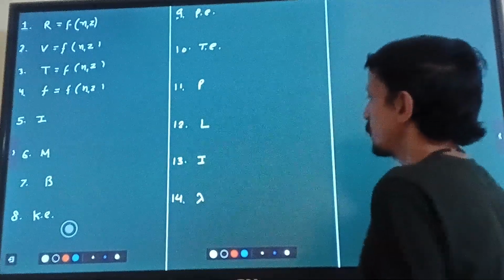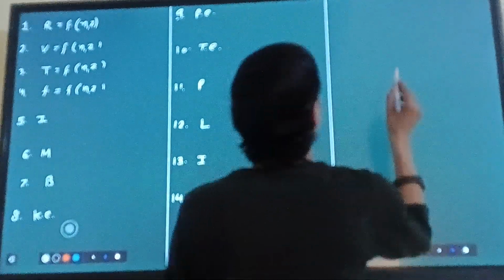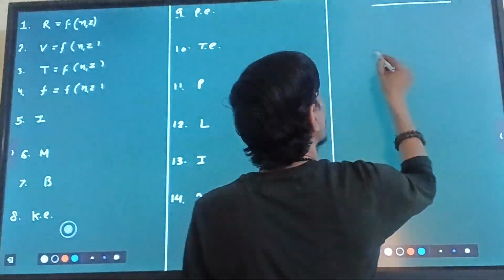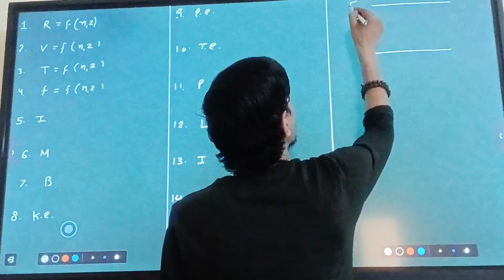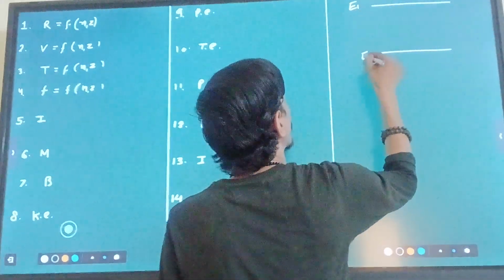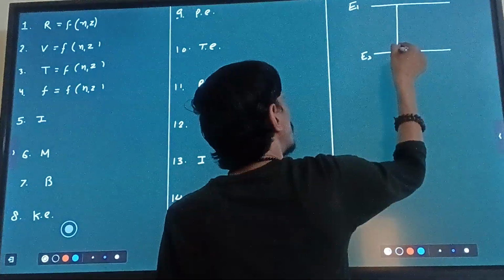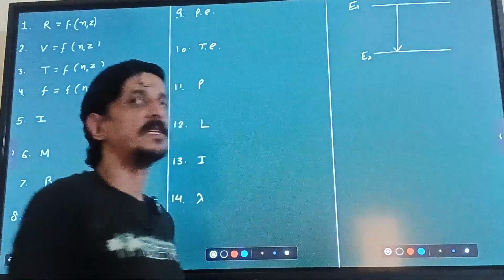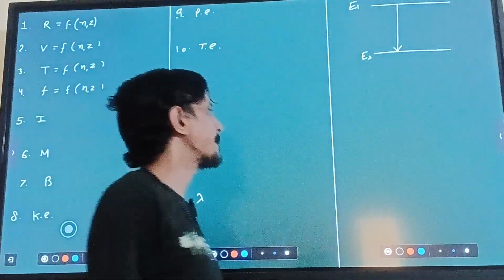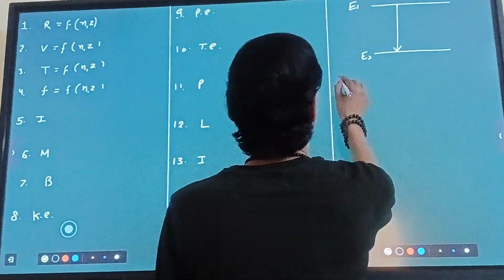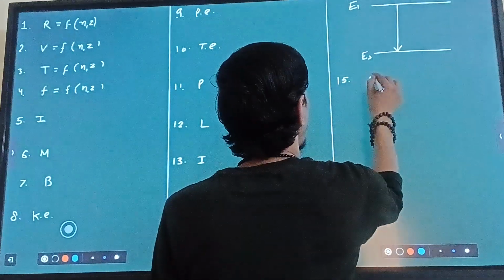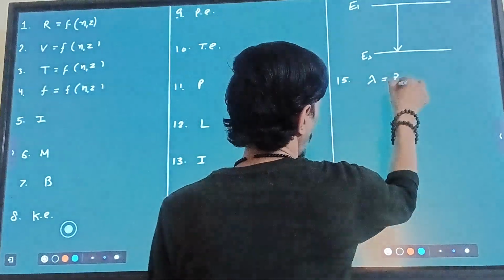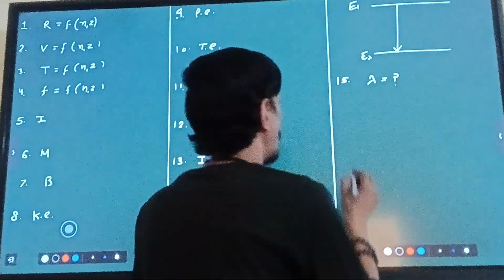So these are certain questions, and after that there is a question on electronic transition. Suppose the electron makes a transition from energy E1 to E2. Then the first question is how to find lambda of the photon in this particular case.